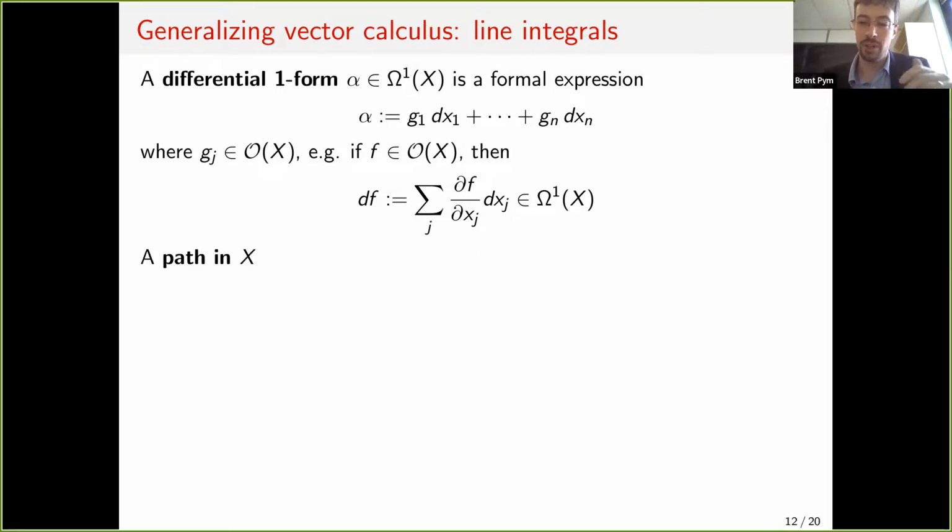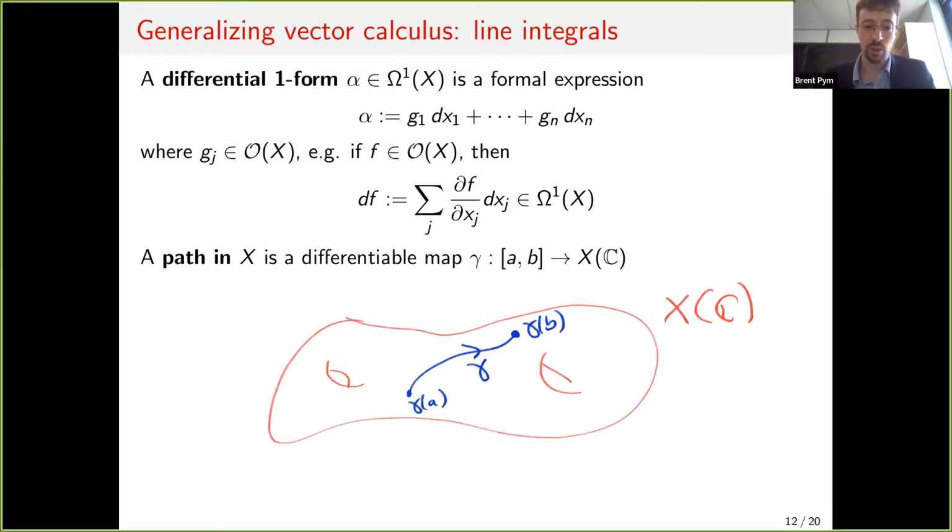And then we need to explain what is the domain of integration. So the domain of integration is going to be what's called a path in X. So what is a path in X? Well, I can take the complex points of this algebraic variety X. So I take the solutions with complex entries.